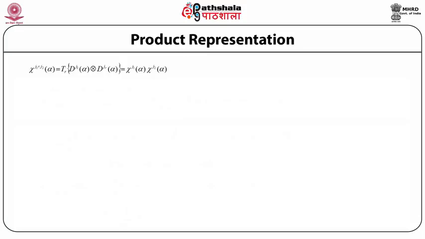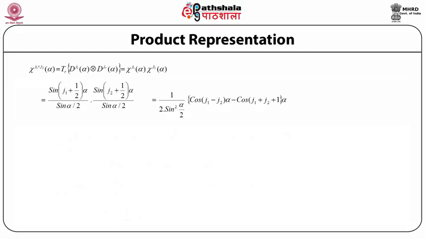This trace of Dj1 alpha into Dj2 alpha, which we have seen earlier, is equal to the character of j1 alpha multiplied by the character of j2 alpha. The character of the irreducible representation of the group has been computed earlier, and it is given by sine of j1 plus half alpha divided by sine of alpha by 2.